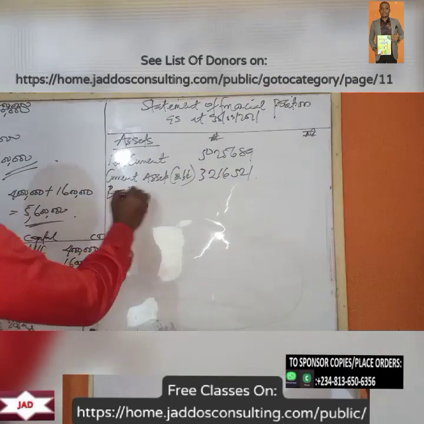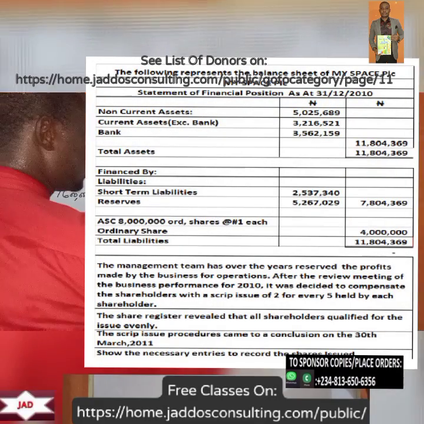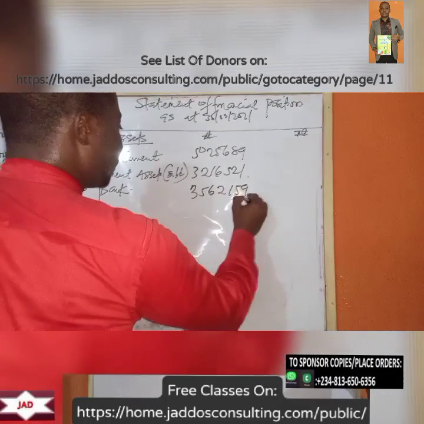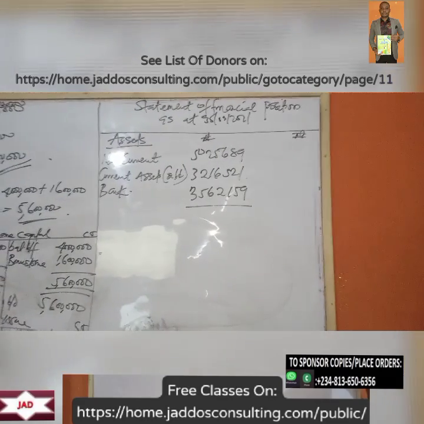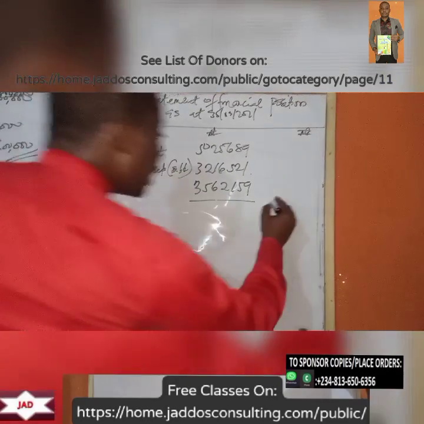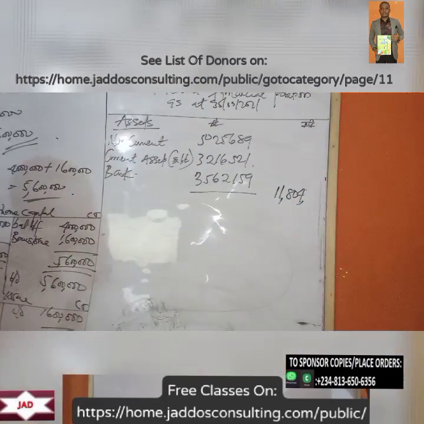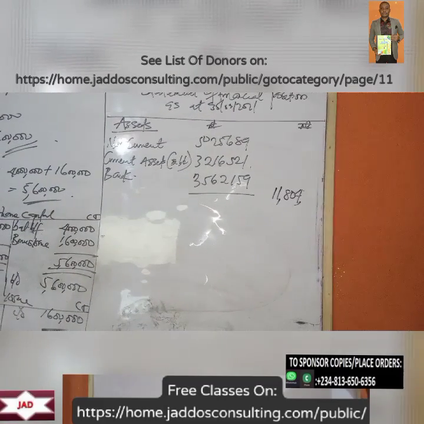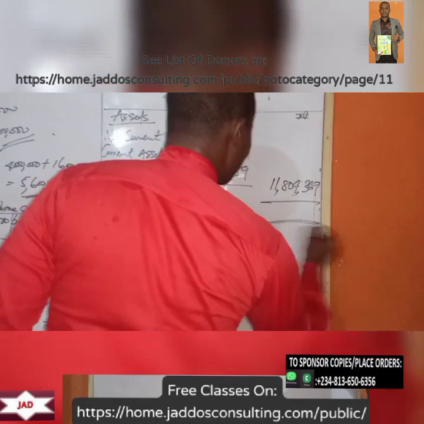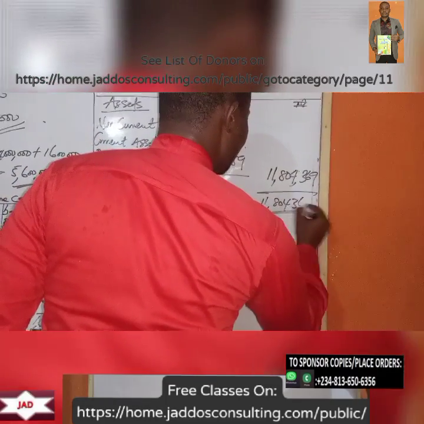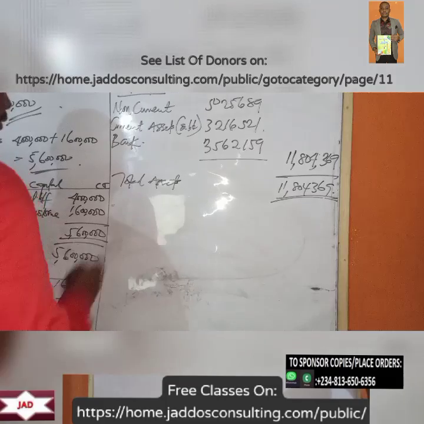So we have bank. What's our bank there? 3562159. So if you add up, what do you have? 11,804,369. So this is your total asset.